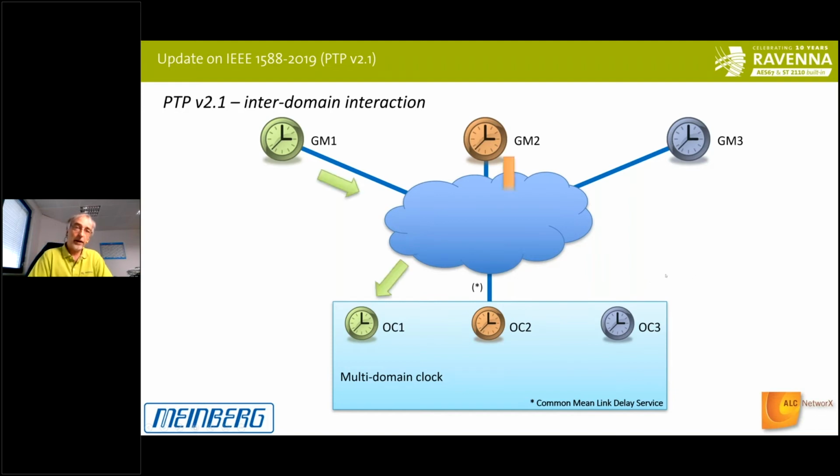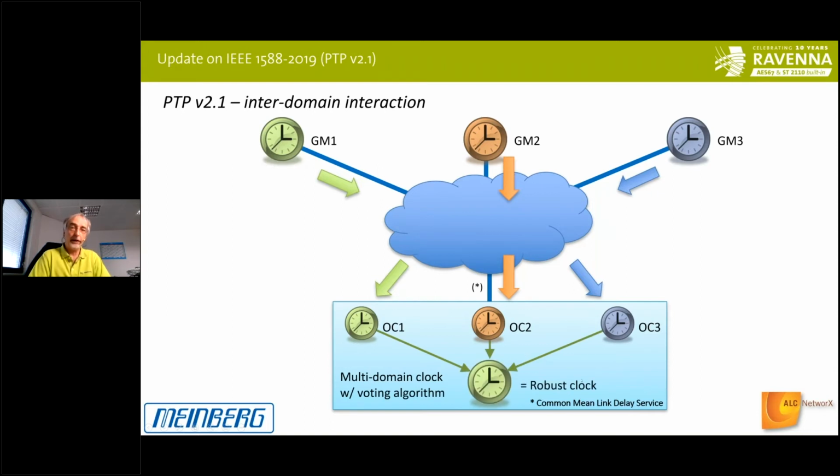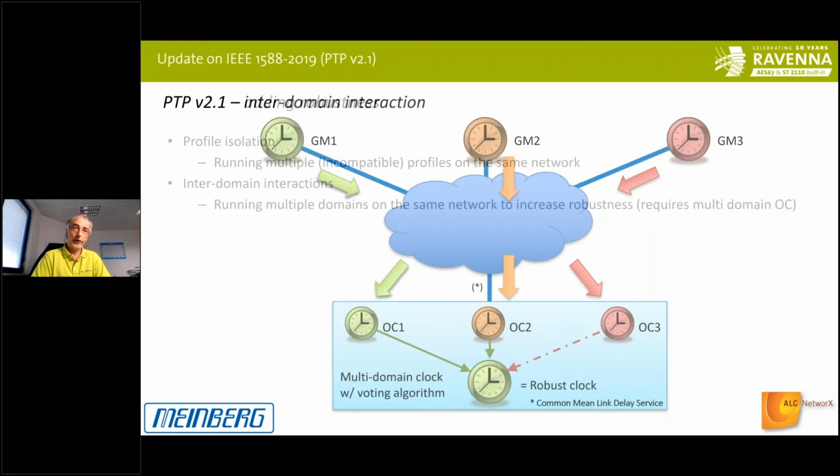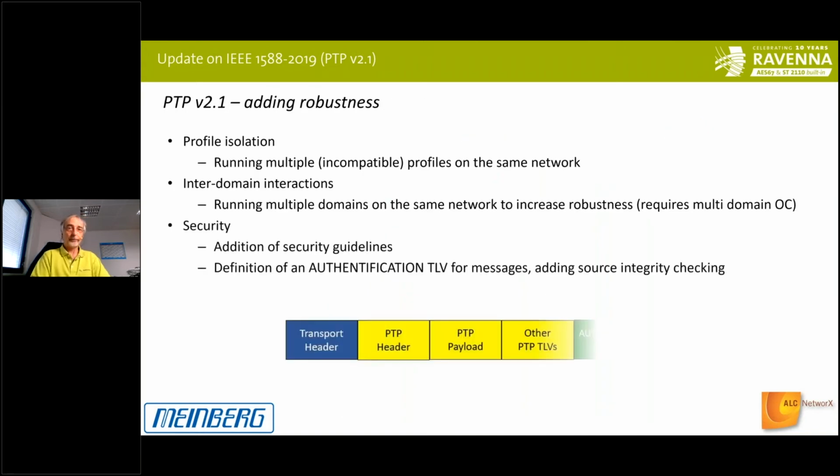And now the idea is that, of course, all the ordinary clocks within that multi-domain clock follow their respective master clocks, but through a voting algorithm, you can now build a very robust resulting clock inside that device, so that even if one of those devices fails or is serving the wrong time, through the voting algorithm you can still have a very, very precise and robust slave clock. So that is a part of the version 2.1 definitions.